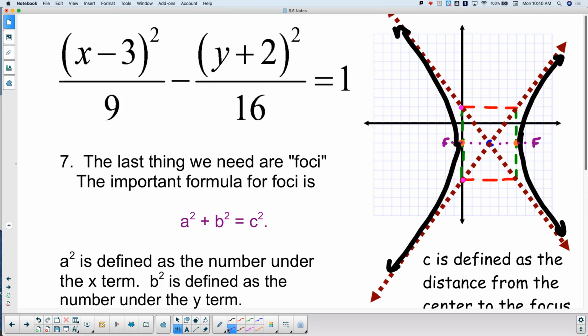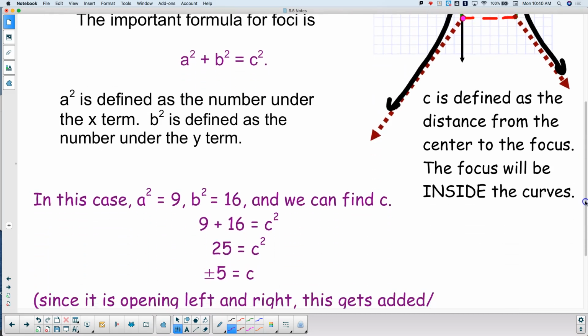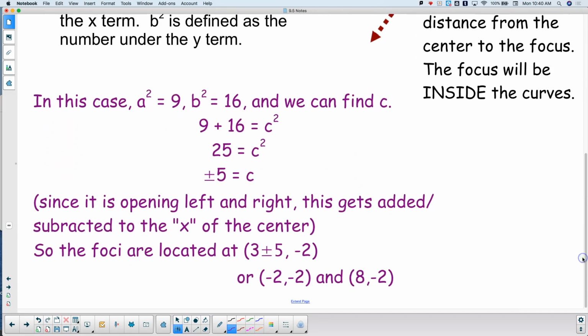So I would add and subtract 5 to the x part of my center. 3 plus 5 is 8, so one focus is at (8, -2). 3 minus 5 is negative 2, so the other focus is at (-2, -2). And that's everything that we need for a hyperbola.